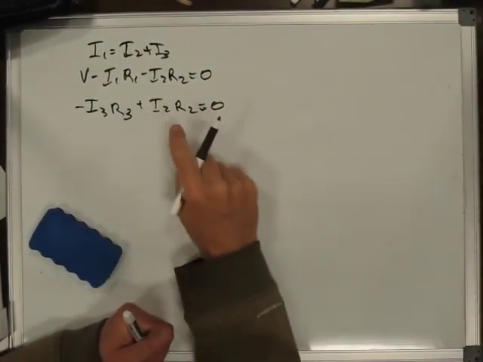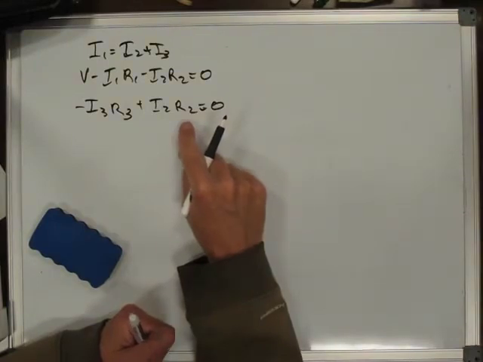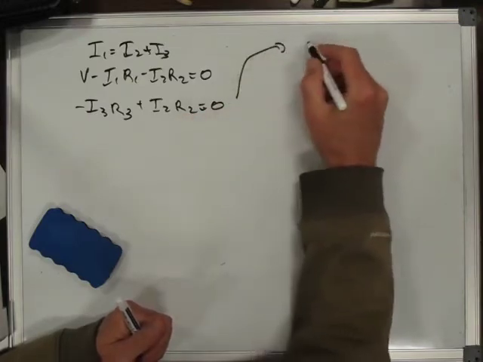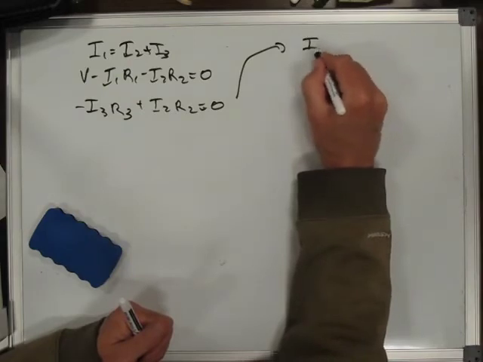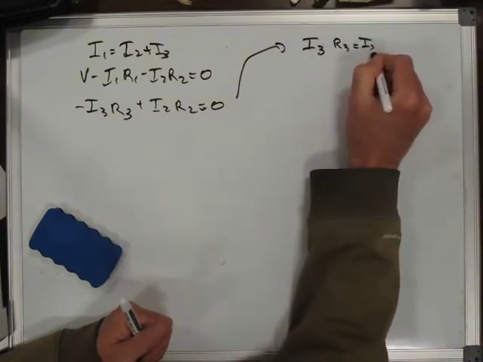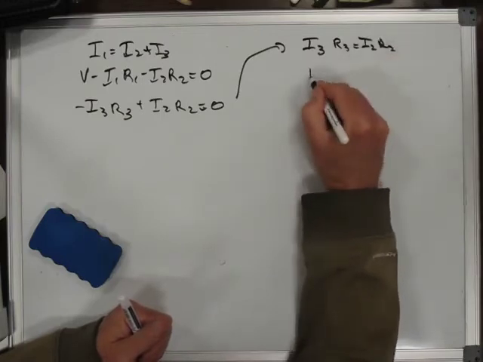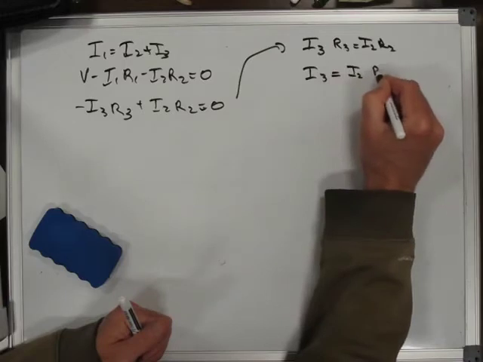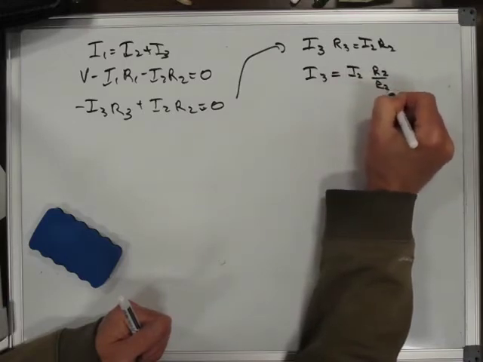So these are the equations that I want to solve from the previous page, and since I have most of these numbers, I can actually solve them in a straightforward way. Let me pick this one first. This says I3 R3 is equal to I2 R2, and so I3 equals I2 times R2 over R3.